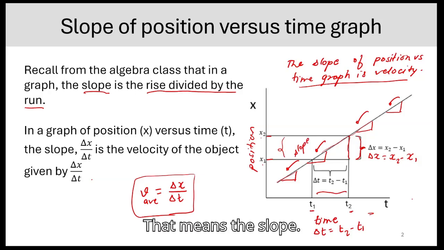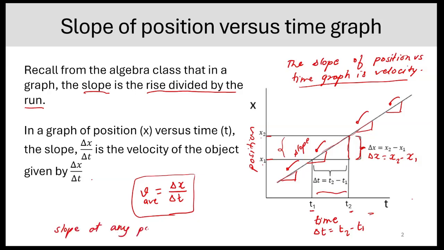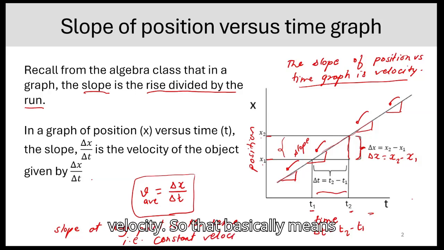That means the slope is constant, which means constant velocity.